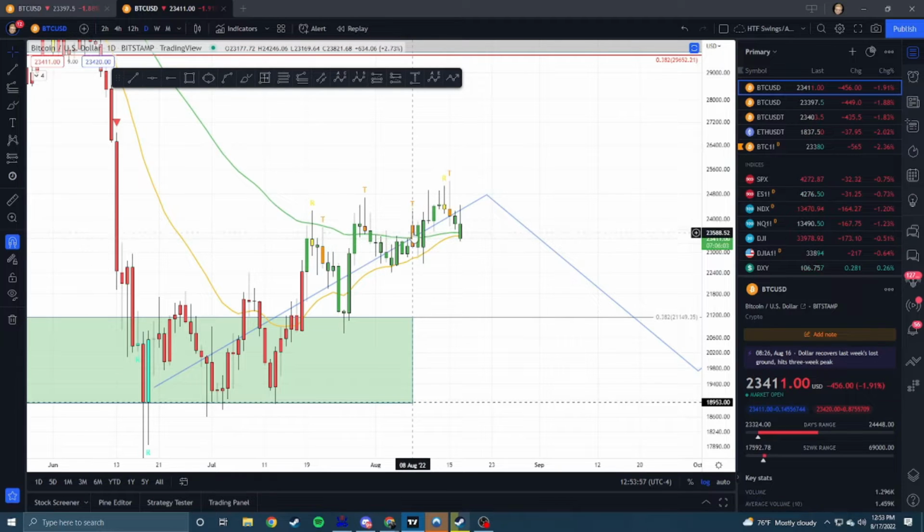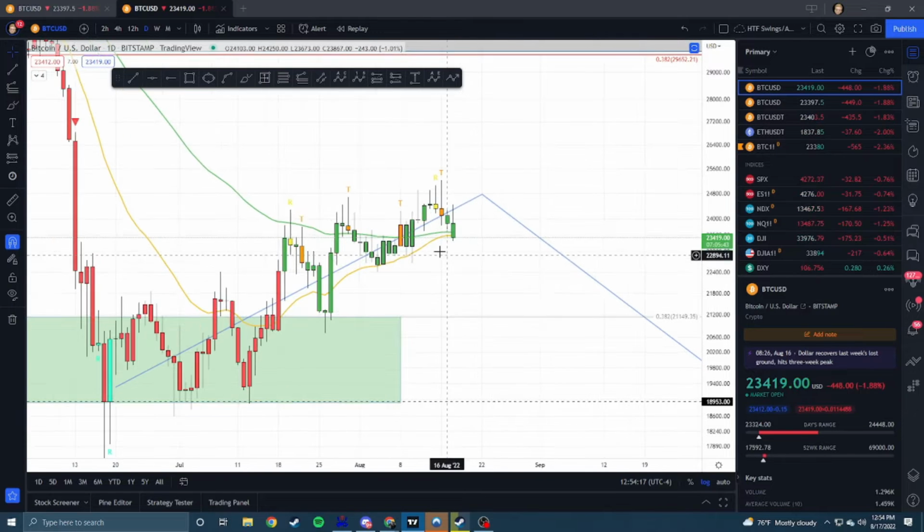We did not get that. The other form of confirmation is the following candle closure after the topping bar completing the wick. We didn't really have a wick here, and the following bar did not confirm this topping bar. So this was not really confirmed as a local top, so there was no reason to enter a short here.